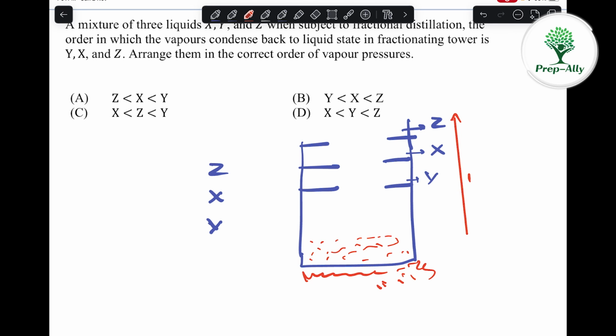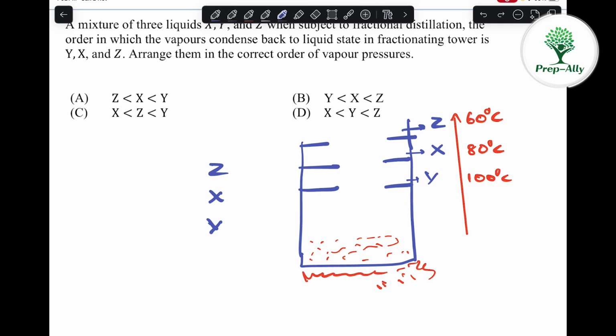Let's say the first one is going to be 100, the second one is going to be 80, and the third one is going to be 60. So nearer will be quite hotter, the temperature will be higher, and the farther will be lower.